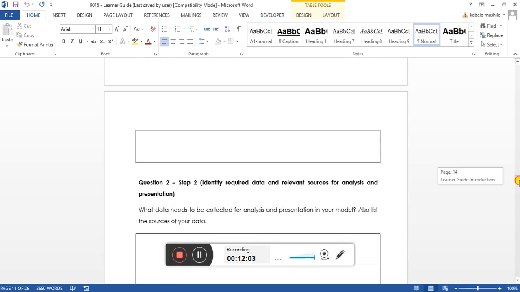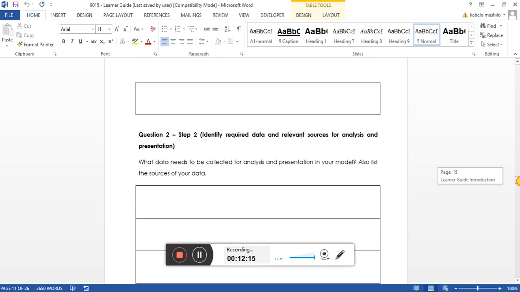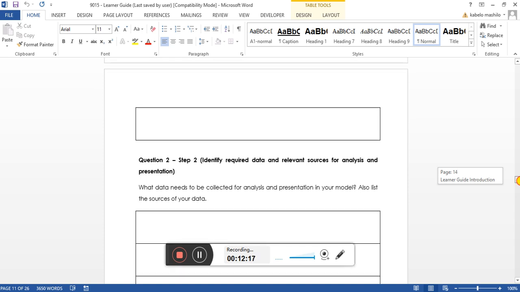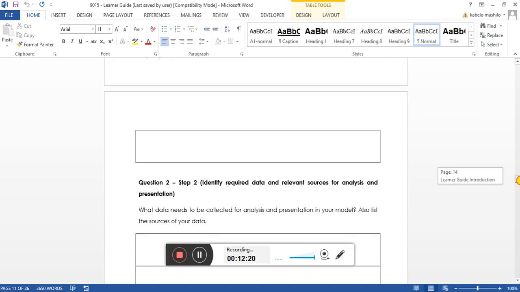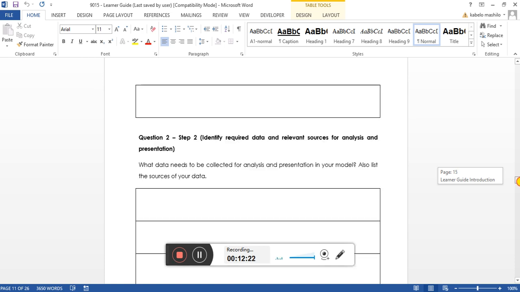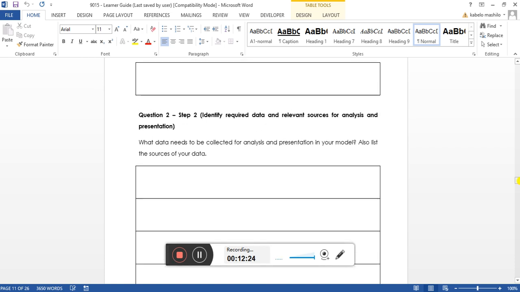And question 2, you need to identify required data and relevant sources for analysis and presentation. What data needs to be collected for analysis and presentation in your model? Also list the sources of your data. You have to identify the required data, the number of data, maybe the data that you have findings for is from Stats SA, so you list that as your relevant source for analysis.